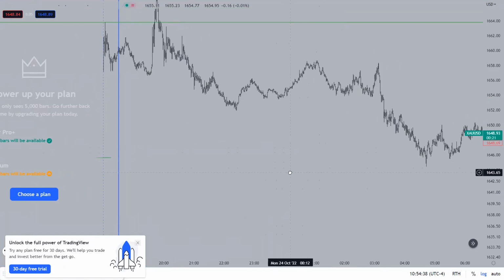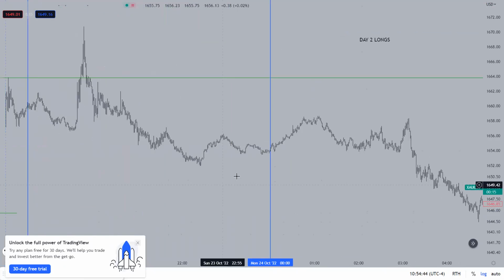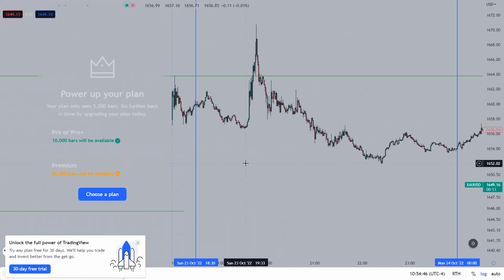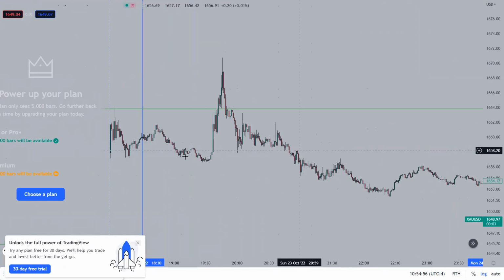This is our 24, this is our 23, and this is our 24, right? So here, what happened at 8? This is our Asia box, this is our London box, and this is our New York box, right? As you can see, Asia pumped the market higher. So this is the pump and this is the dump, right?